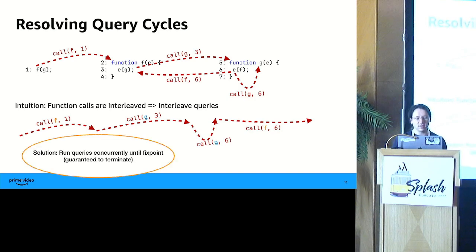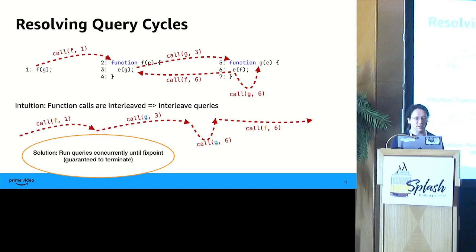Which is to say, let's try to answer them concurrently. If we have query 1 and query 2, then we run query 1 for a bit. Whenever that makes progress, we can inform query 2 that we found another call edge that's related to query 2, allowing that to make a bit more progress. That in turn may enable progress of query 1 again, and so on, until the whole thing reaches a fixed point. So that's the overall intuition.